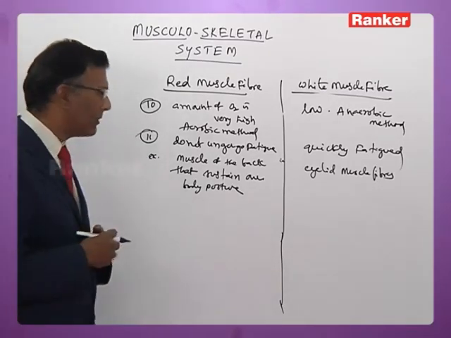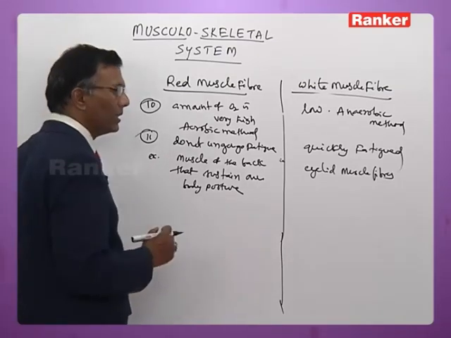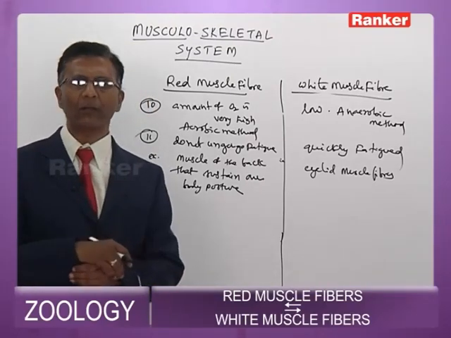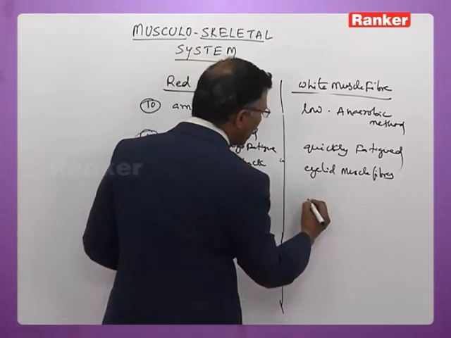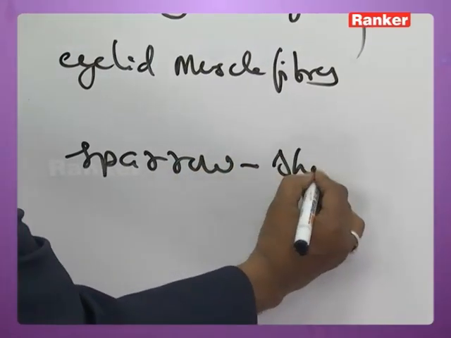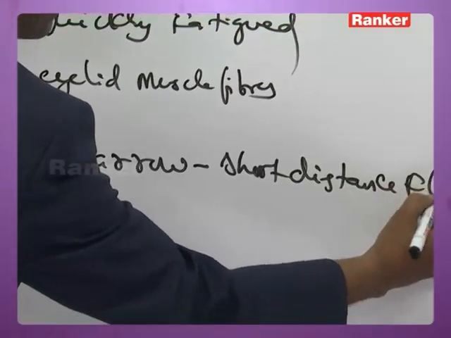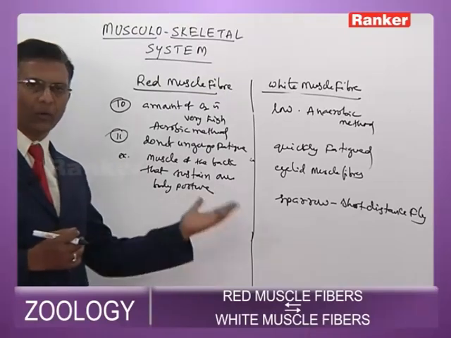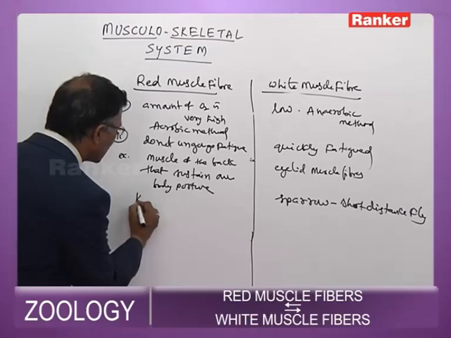In the same way, take birds, for instance sparrows: they fly very fast only for short distances, so they have white muscle fibers.